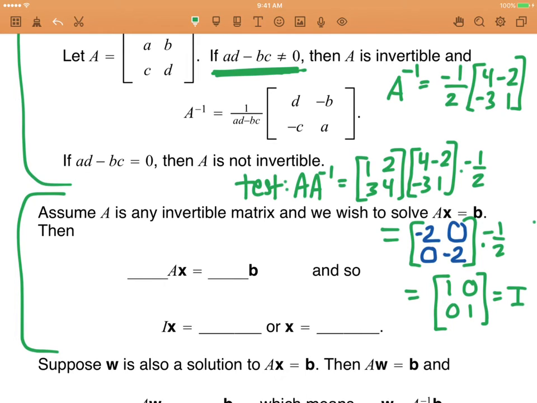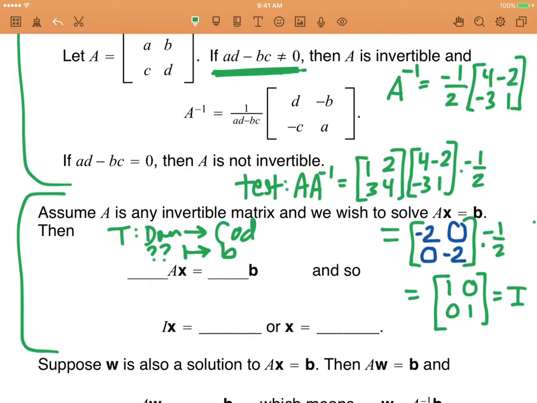So we have a domain and a codomain. Remember, we've got sort of T from domain to codomain. And in the codomain, we have a vector B, and we're trying to figure out what vector maps to it.